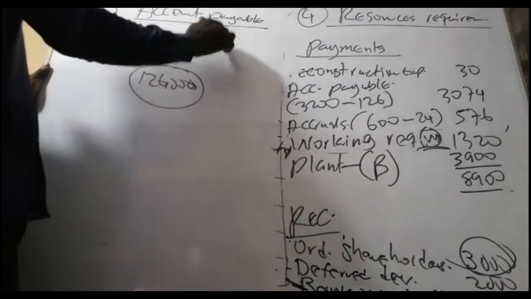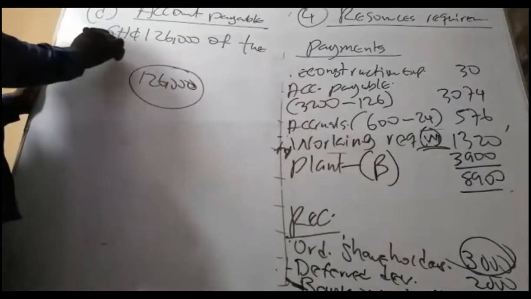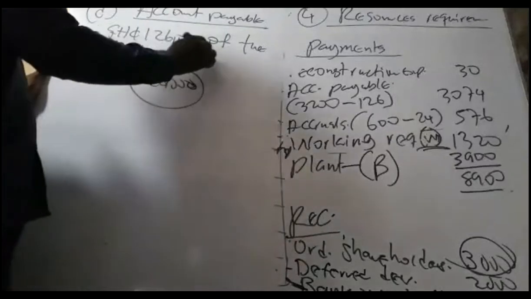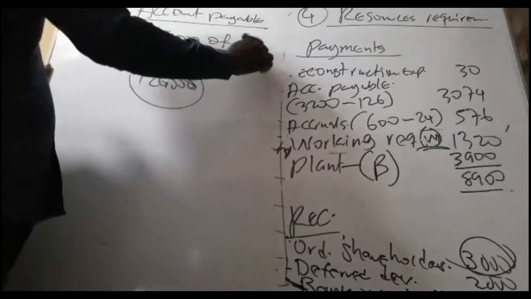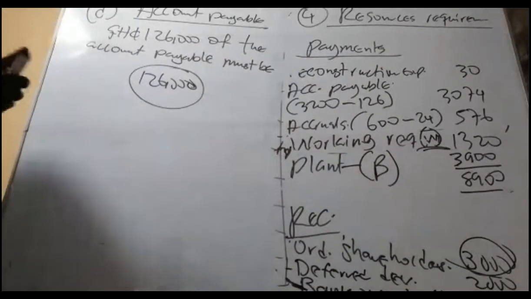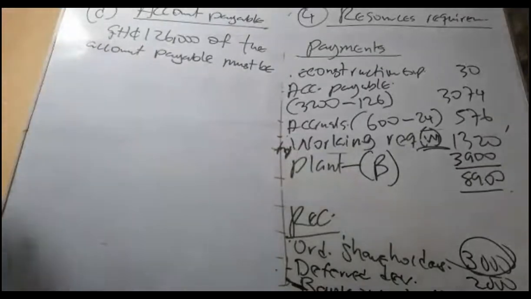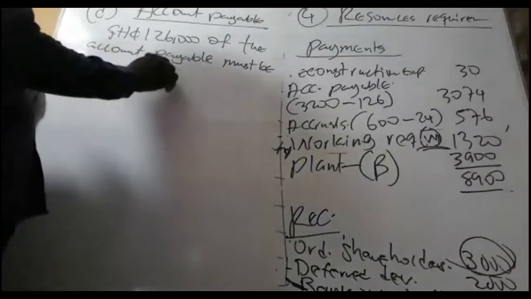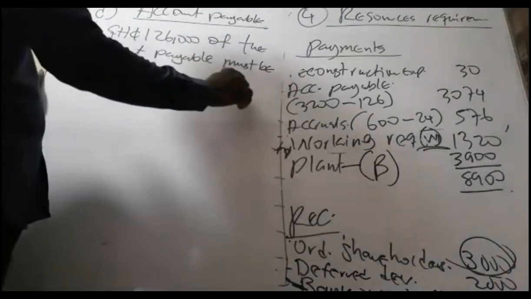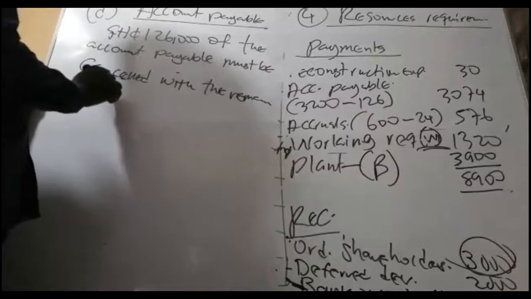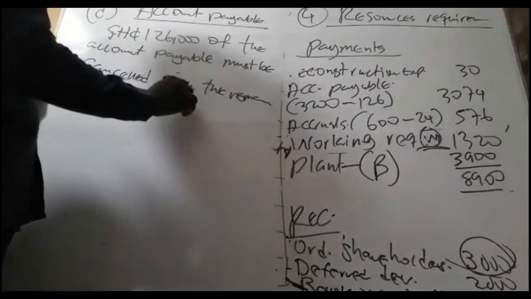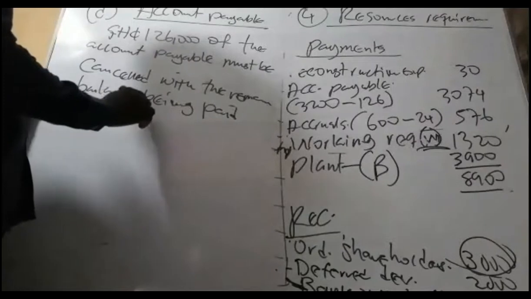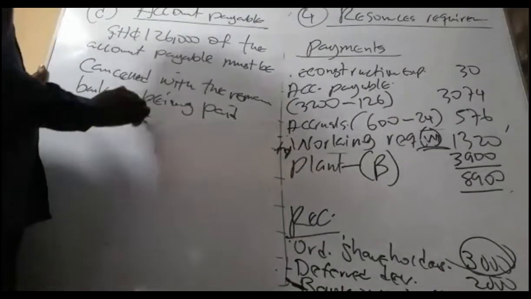126,000 of the accounts payable must be cancelled, with the remaining balance being paid immediately.